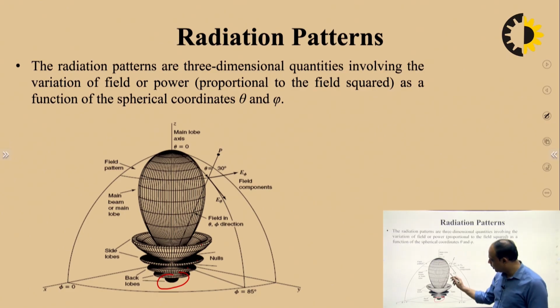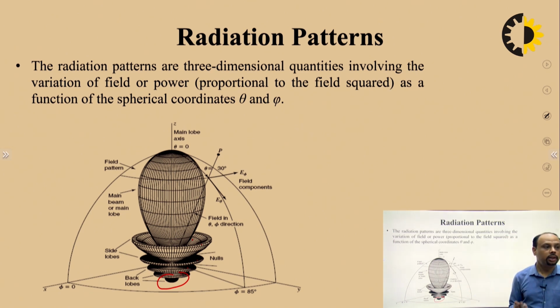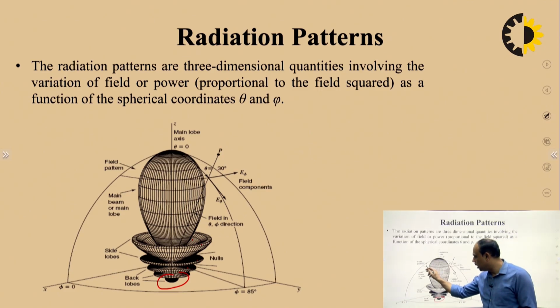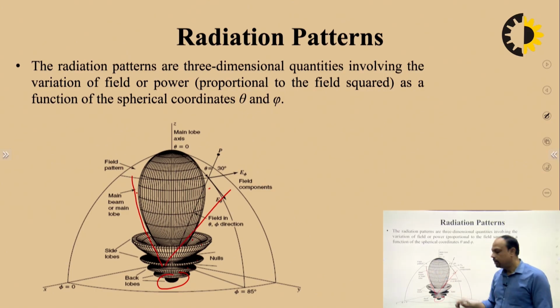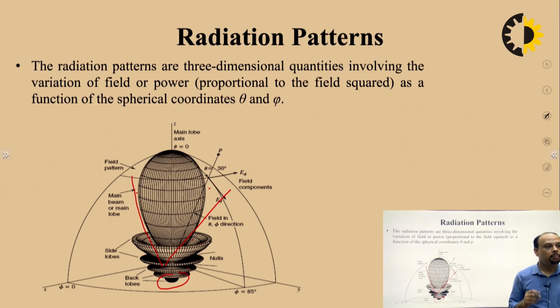Between the main lobe and the second lobe there is a gap of zero radiation, and this gap is known as the null point of the antenna. The angular separation between these two null points is known as the first null beam width.